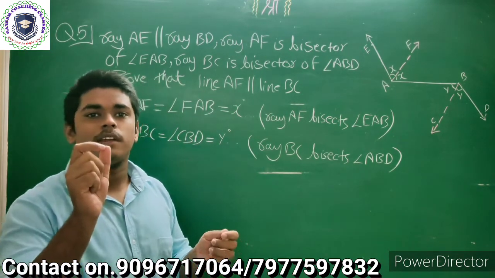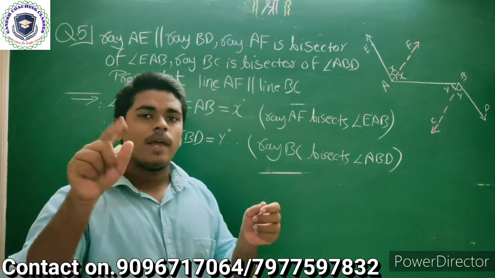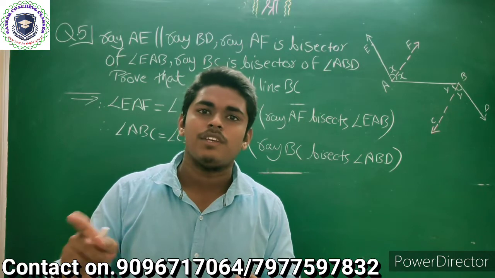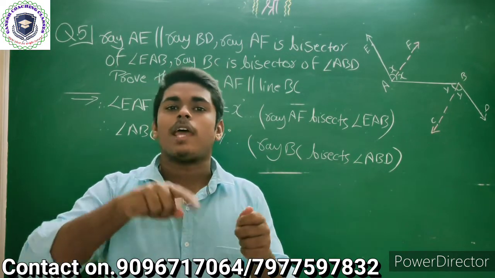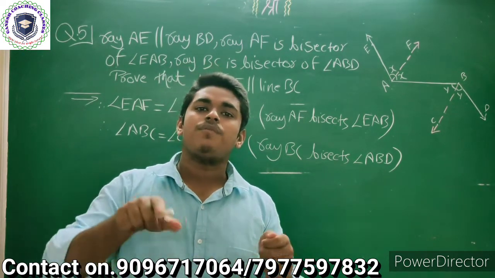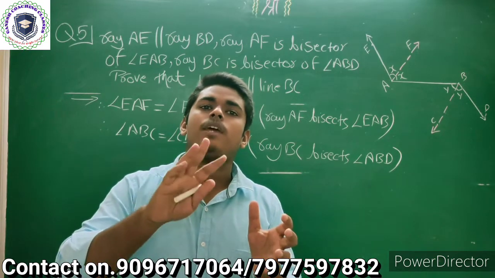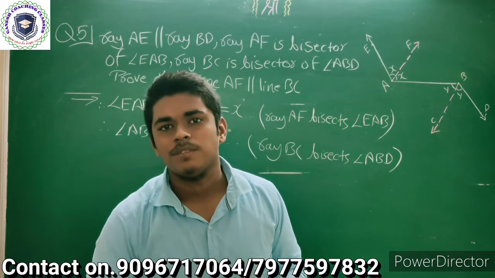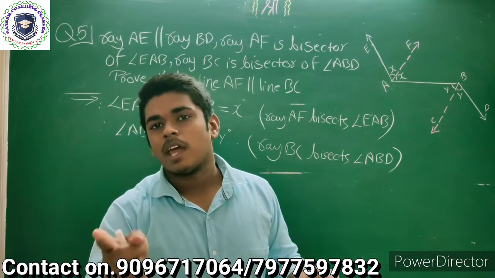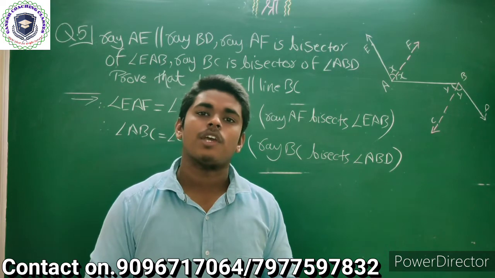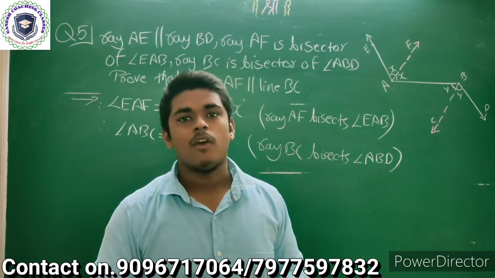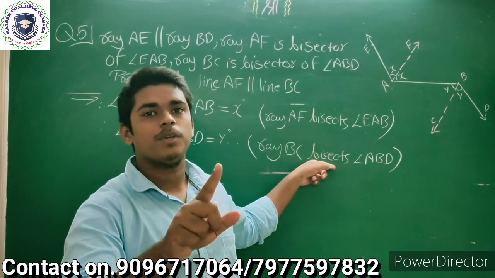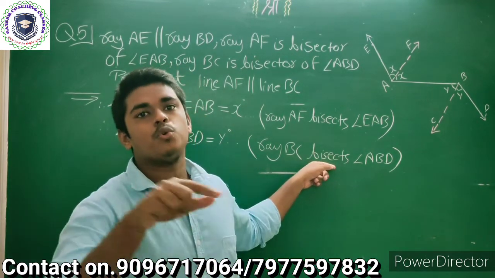You have to understand that if any angle is divided, it can be of any measure. Suppose the angle is 90 degrees; if we divide it, we can make two angles of different measures: 30 and 60, 40 and 50, or 20 and 70. When the term bisect comes, bisects means two equal parts.